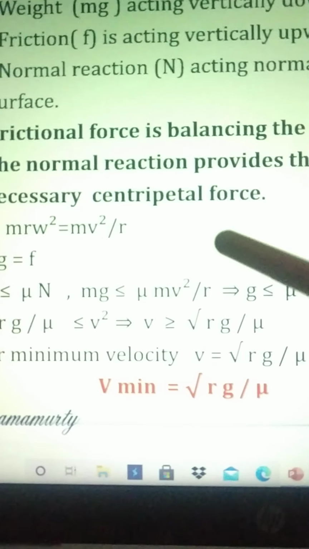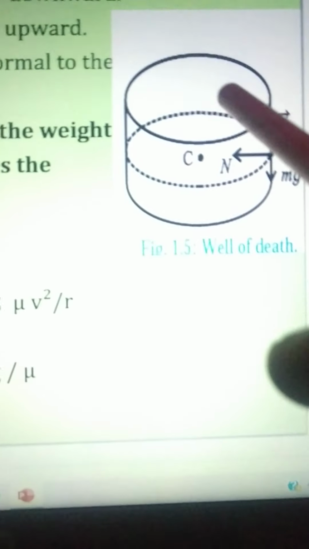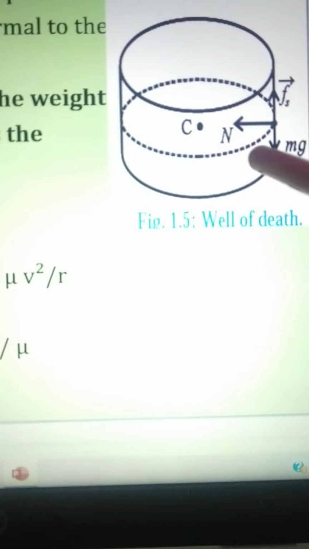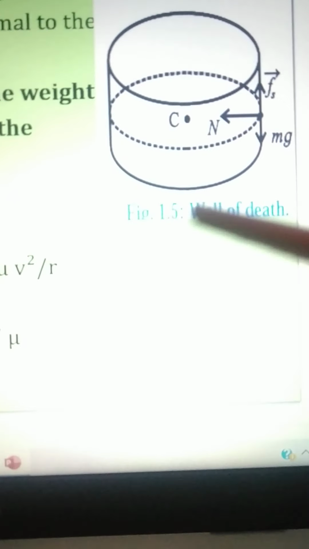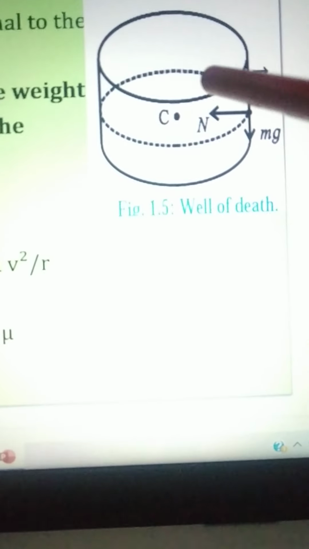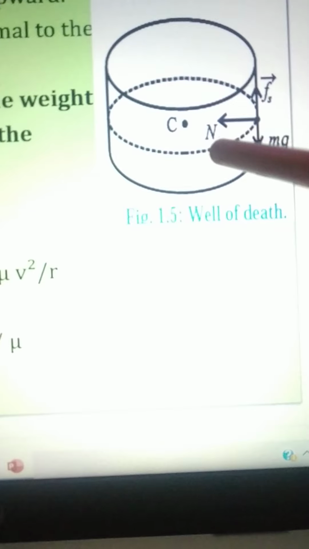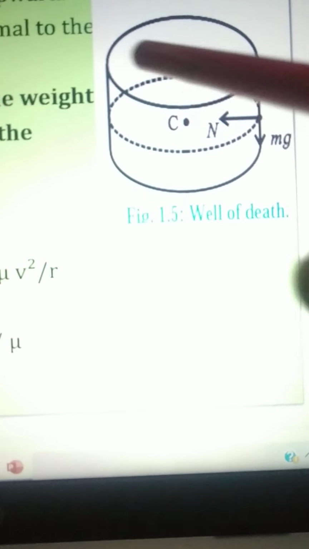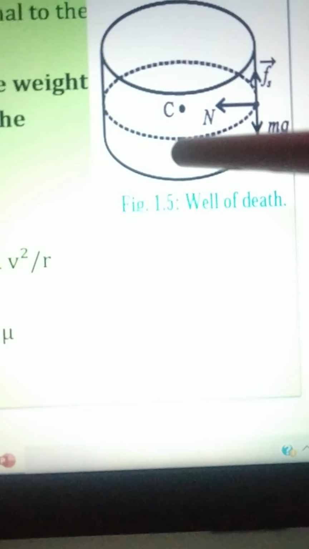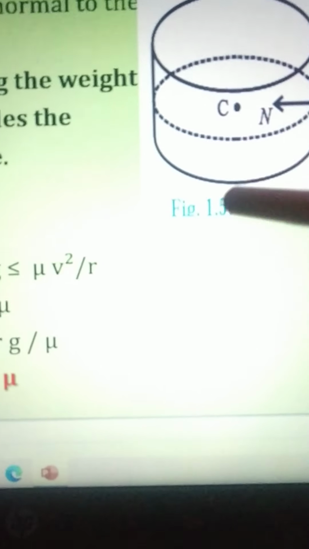When the body rotates in a horizontal circle, this normal reaction acts toward the center of the circle. So the necessary centripetal force is provided by the normal reaction in both applications.